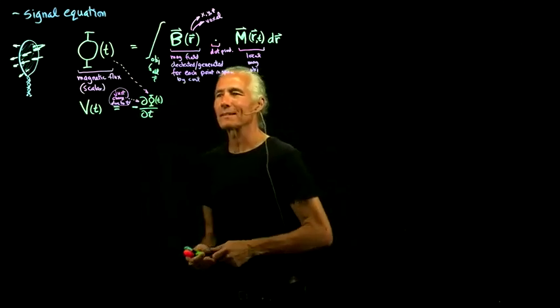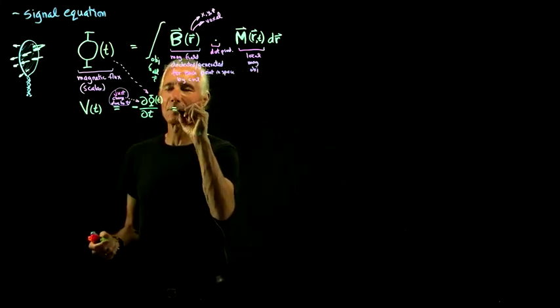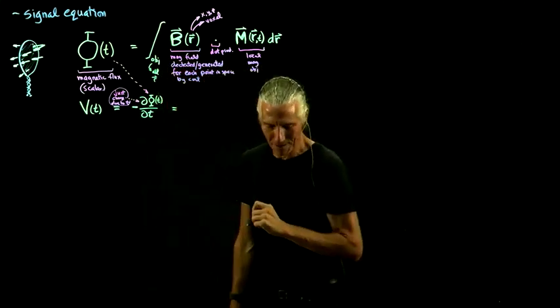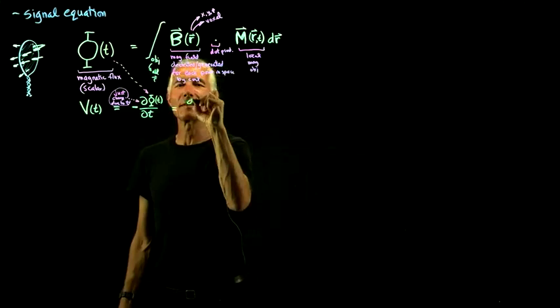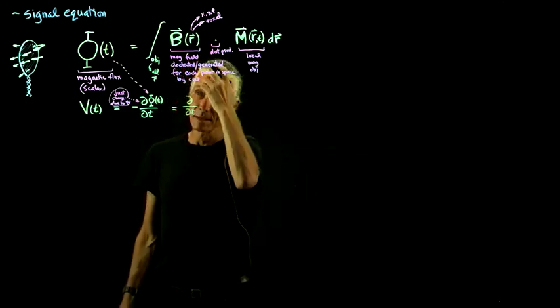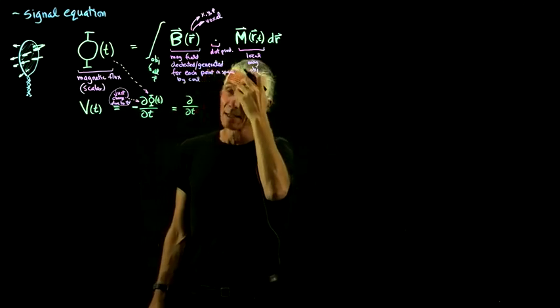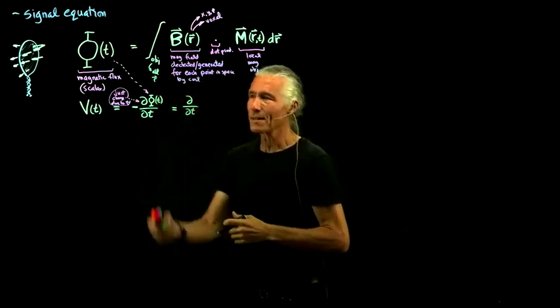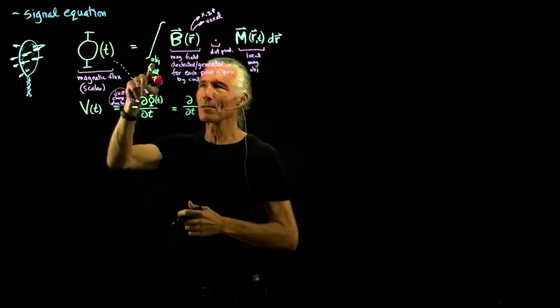Now it's getting slightly worse, but we'll throw out most of the stuff. So now we have to find the partial derivative with respect to time. So just look for changes in the flux, and then we just substitute in this equation here.